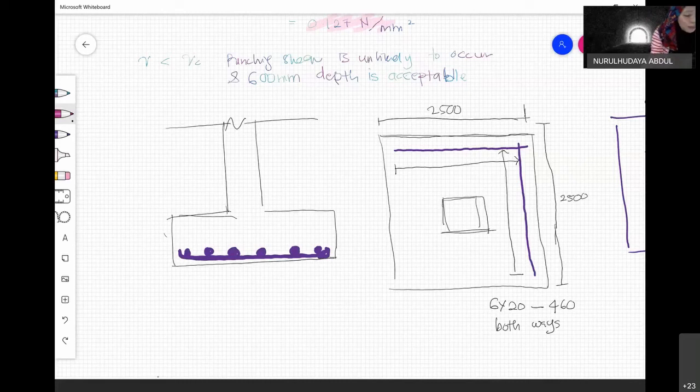Okay, tak payah nak label bar lagi, kita dah label bar dekat plan view. So here just for kita nak tulis berapa dia punya total depth and also effective depth. So effective depth ingat dia in between two bar, bar bawah dan atas, sebab dia dua-dua adalah main reinforcement. Dia bukannya macam slab yang ada secondary and main reinforcement. So this is 540. Alright, then we are done.